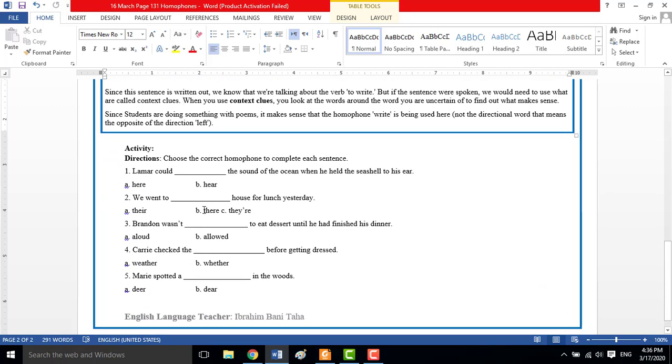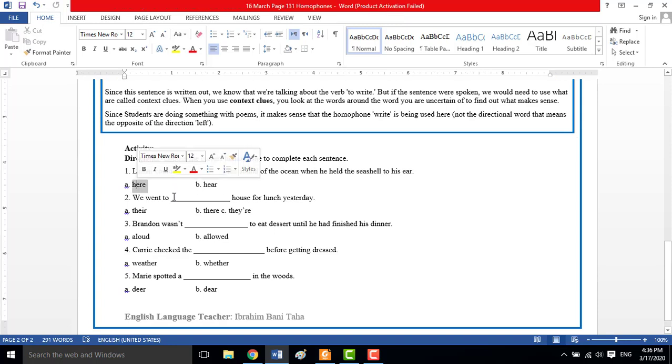Now I provide you with an activity. Choose the correct homophone to complete each sentence. Number one: Lamar caught the sound of the ocean when he held the seashell to his ear. Now we have here and hear. If you are listening, both of them have the same sound. But of course, you have to go back to the context clues.